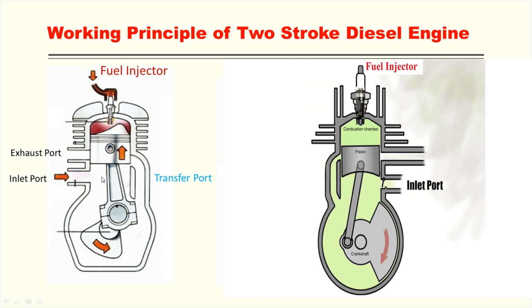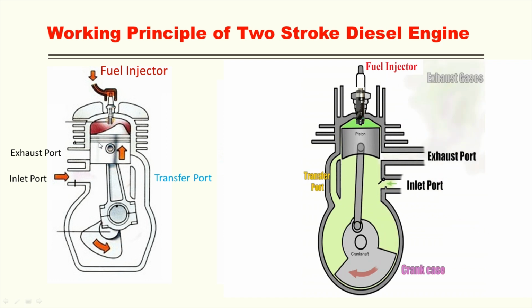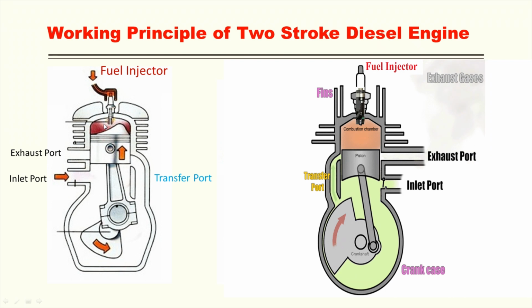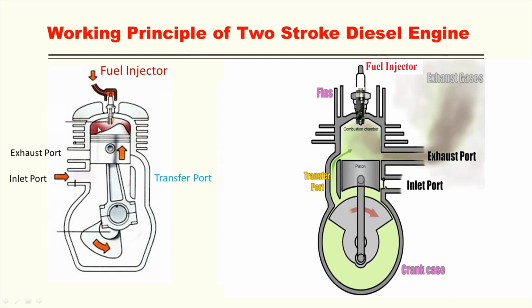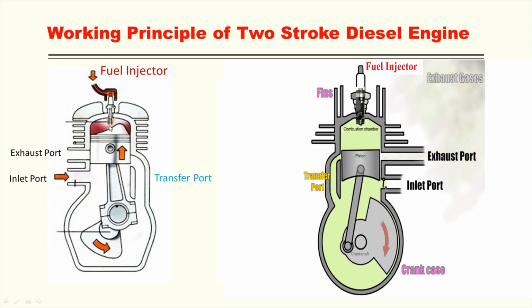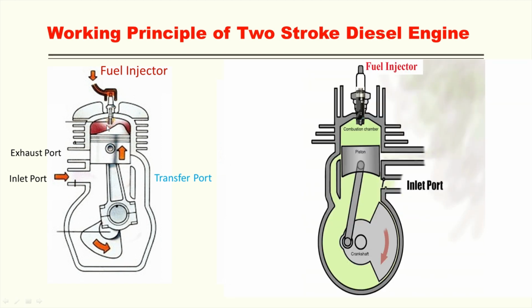Here we consider the piston traveling from BDC to TDC, and we assume that the charge is already inside the cylinder. It is a two-stroke diesel engine, so during suction only air is allowed, and during compression this air will be compressed. So we assume that air is already there and it will be compressed by the movement of piston from BDC to TDC.